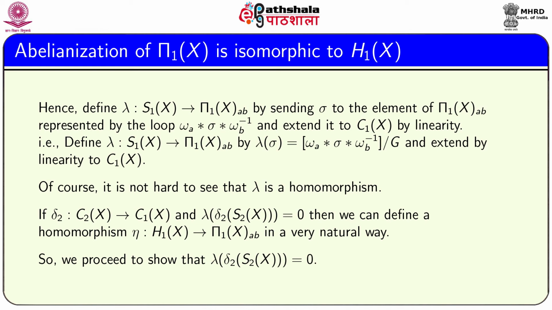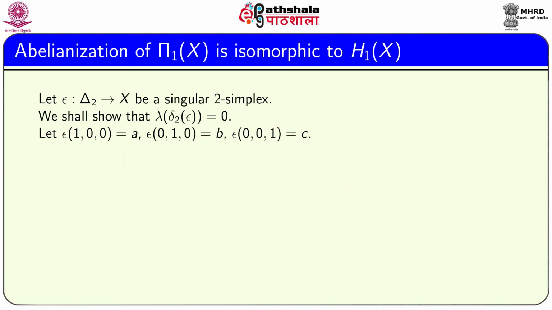So, we proceed to show that λ of ∂2 S2(X) is equal to 0. Let us take ε, a singular 2 simplex in X. We shall show that λ of ∂2 ε is equal to 0.